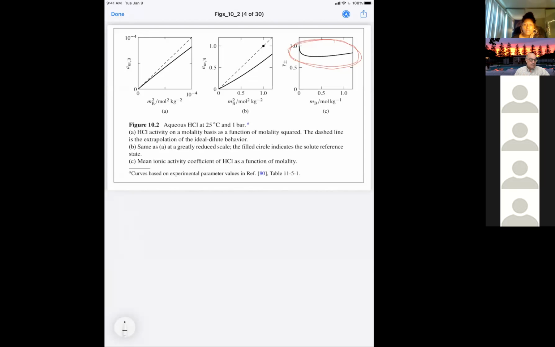For the ions in solution, what this means is that their activity, their non-ideality, is less. The activity is less than an ideal solution, and it's not like a lot less, right? It's between 50% and 100% if you look at these numbers, 0.5 to 1.